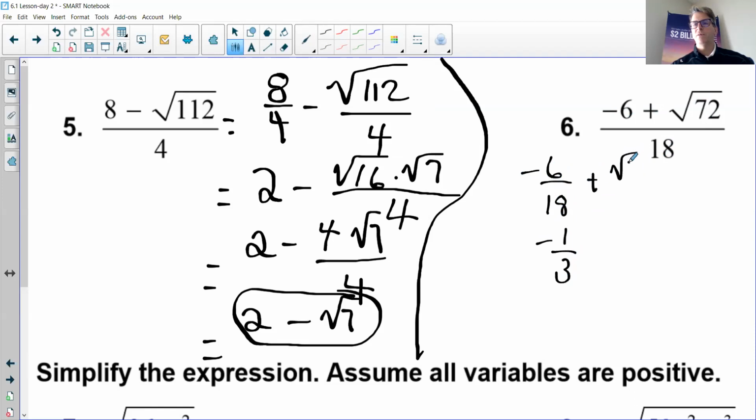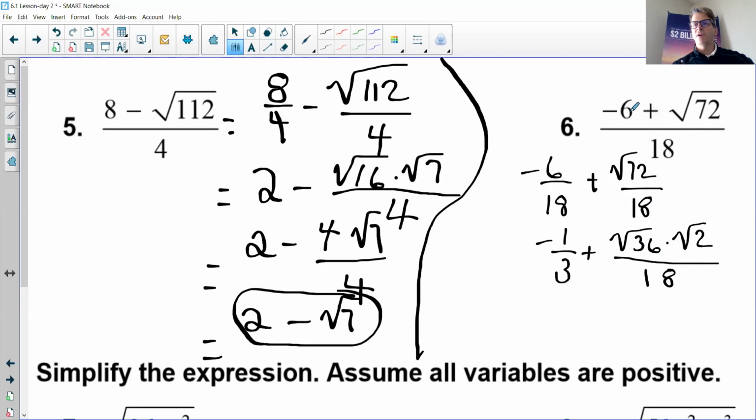Okay, so 72 is 9 times 8, and you can also break that down into 36 times 2. So think of your perfect square there of 36. Square root of 36 times the square root of 2 would be 72, and that's going to be all over 18.